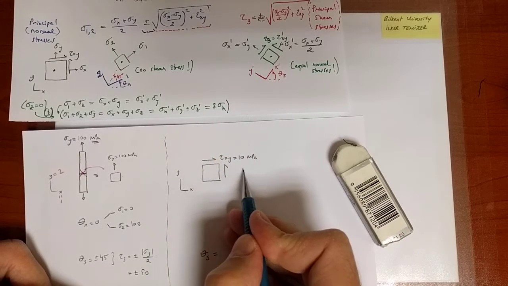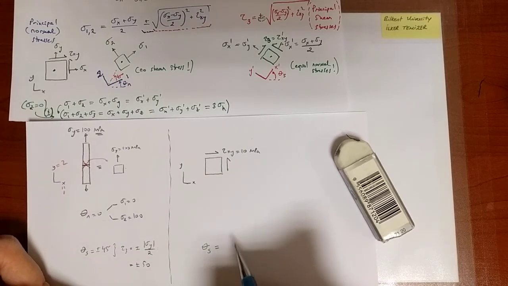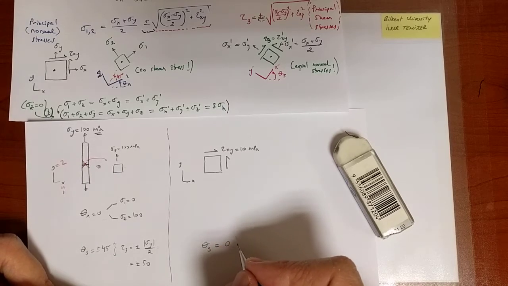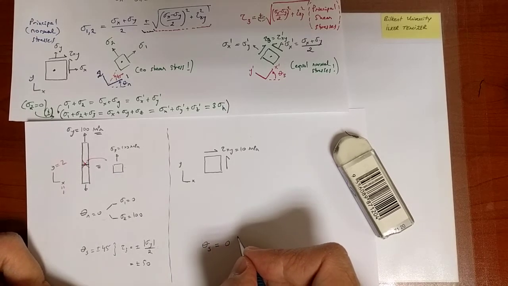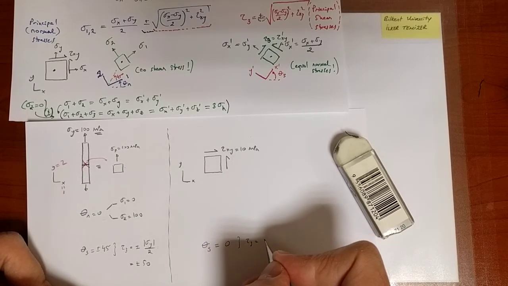In this case, sigma x and sigma y are both equal to 0, and hence I can conclude that this is already a picture associated with the principal shear stresses. Therefore there will be two values of tau 3, which are plus and minus 10 MPa.